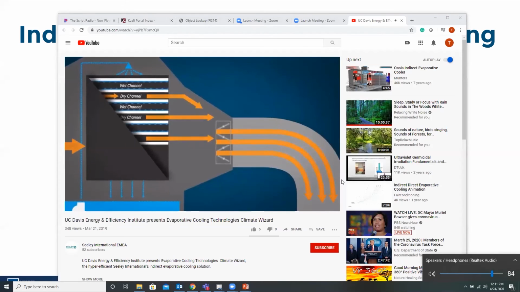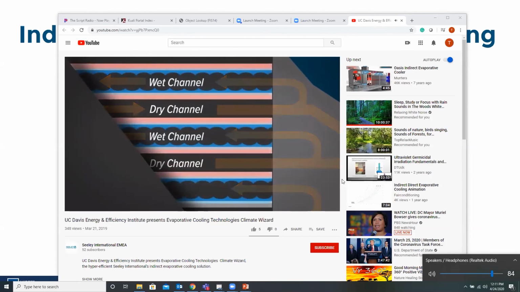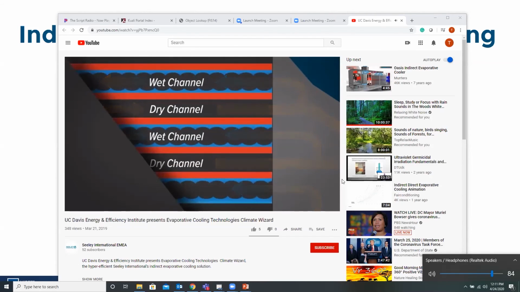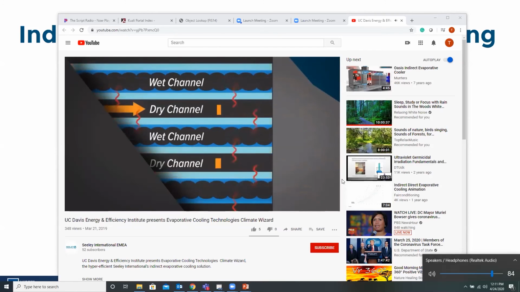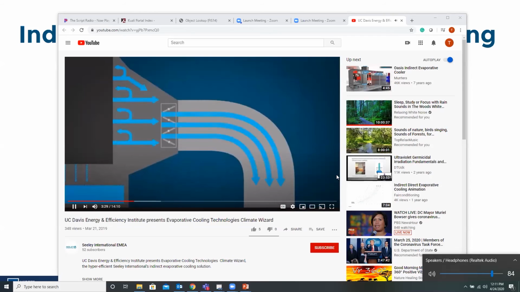After air passes through the dry channels, a portion of the air is supplied to the building and the rest returns through the wet channels. This is where the evaporative cooling process takes place. The evaporative process cools the wet channel walls. As these walls cool, they absorb heat from the dry channel air, cooling the air delivered to the building. The portion of air supplied to the building is controlled by a damper.